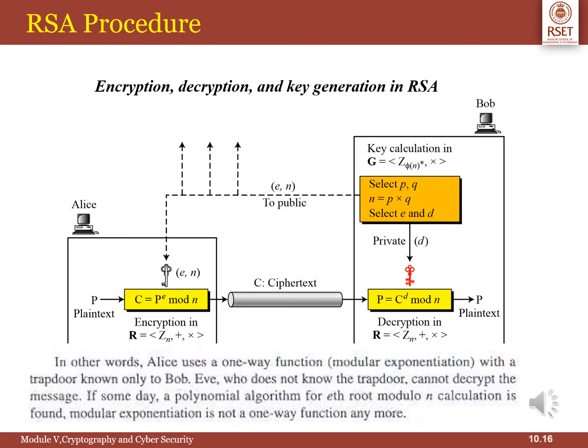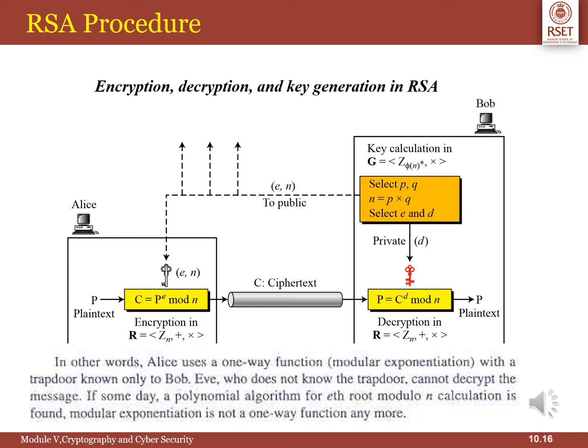The encryption-decryption procedure of RSA is what's depicted in the figure. As we have seen in our previous slide, our encryption key is E and N, and our decryption key is D, P, and Q. Here Alice needs to send a message to Bob, and after the calculation of the public and private key combination, Bob has publicized his public key combination E, comma N, and Alice will be using E, that is the public key of Bob, to encrypt the message.